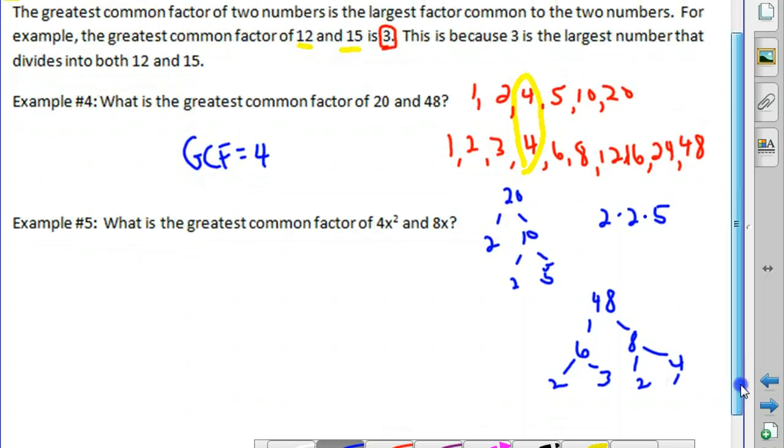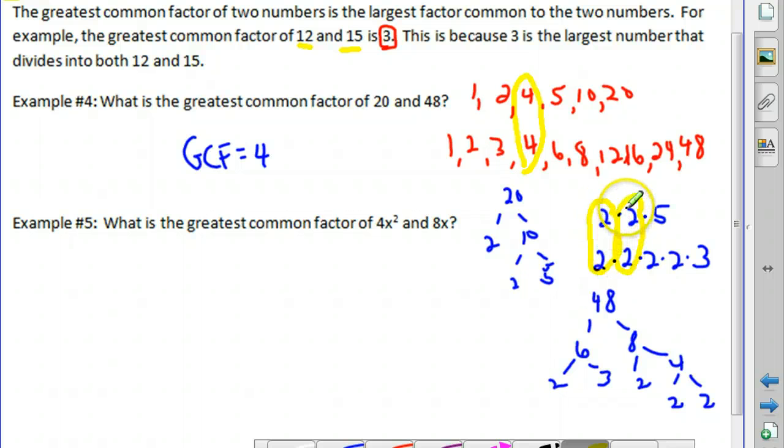And that can be broken down further into 2 times 2. So the prime factorization of 48 would be 2 times 2 times 2 times 2 times 3. So what factors do these have in common? Well, they have a 2 in common, and they have another 2 in common, but that's it. So notice what they have in common is 2 and a 2, or 2 times 2, which is 4. So that's another way you can identify the greatest common factor.